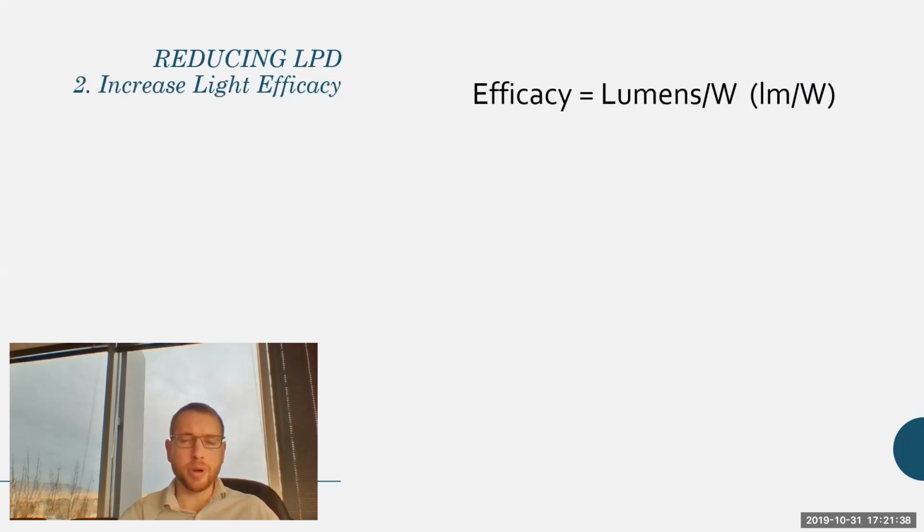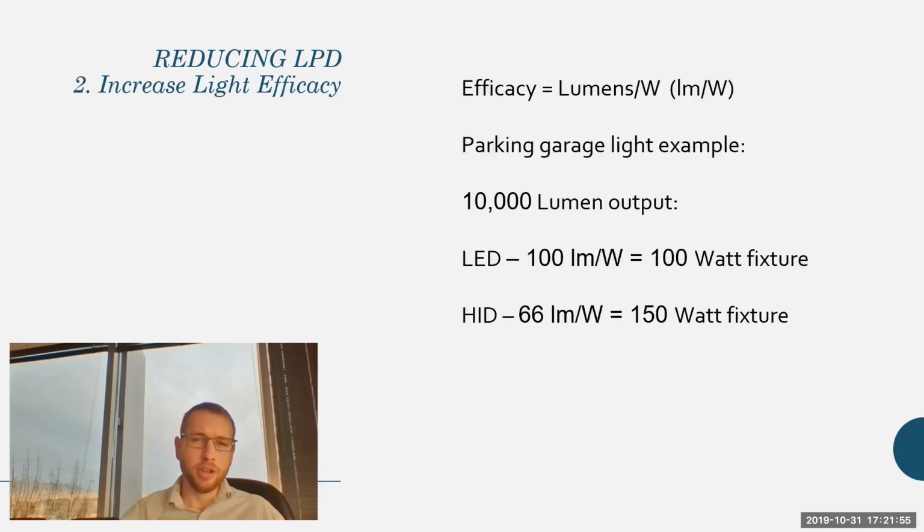The other is to upgrade your lights. By upgrading, you still want to provide the same number of lumens, but do so using fewer watts. So add lights of higher efficacy, or higher lumens per watt. For one example, let's look at a parking garage. You have one fixture in there and you need to provide 10,000 lumens of output.